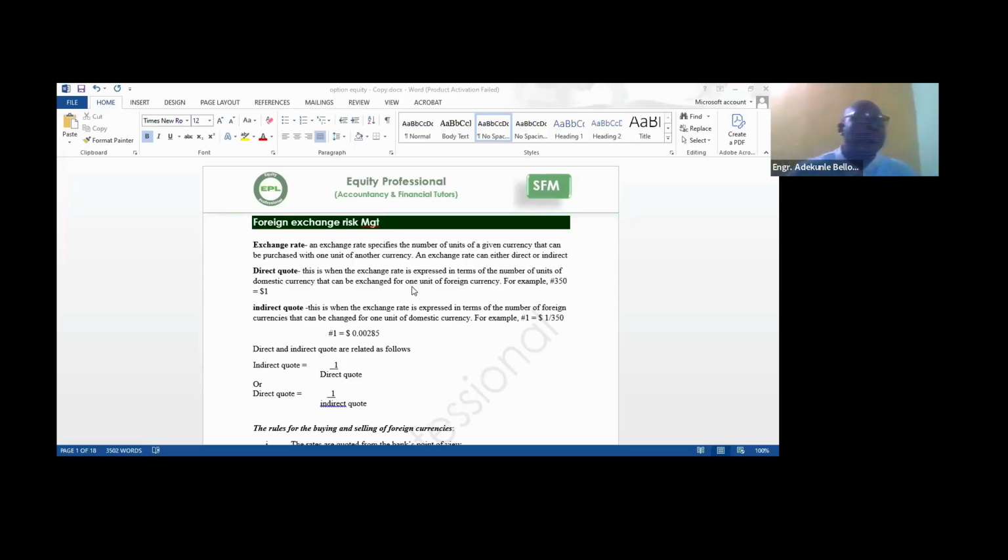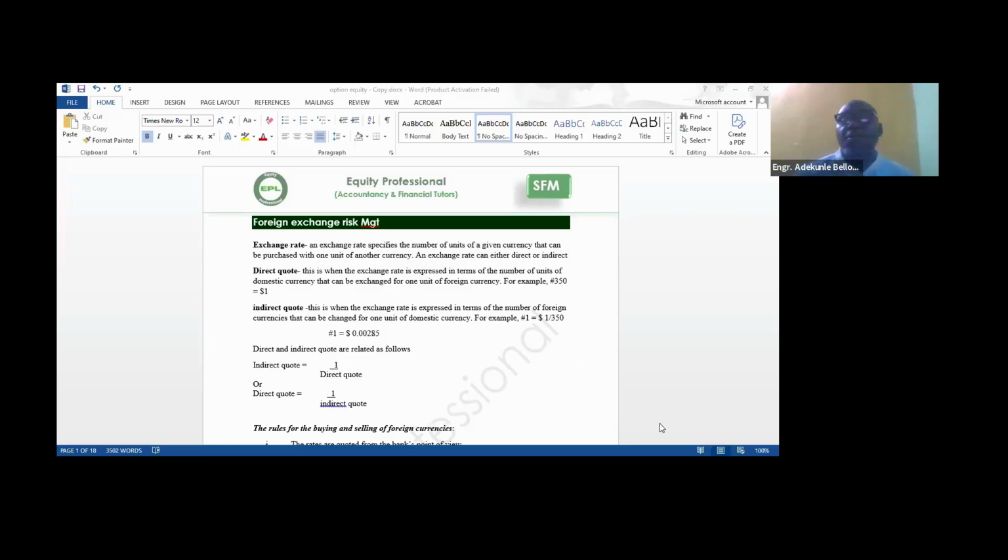Direct quotation. A direct quote is a situation where the exchange rate is stated in terms of the number of units of domestic currency needed to buy 1 unit of foreign currency.